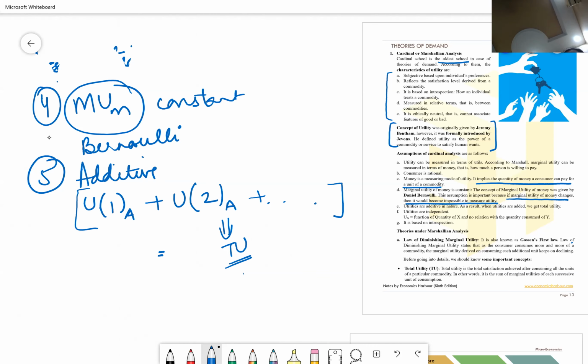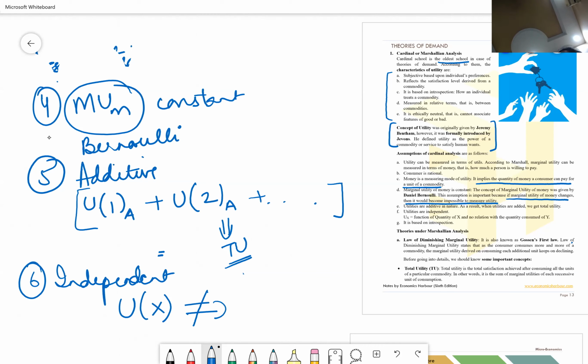Next point is that utilities are independent in nature, right? So utility derived from, say, good X is nowhere related to utilities derived from good Y. They are completely independent in nature.